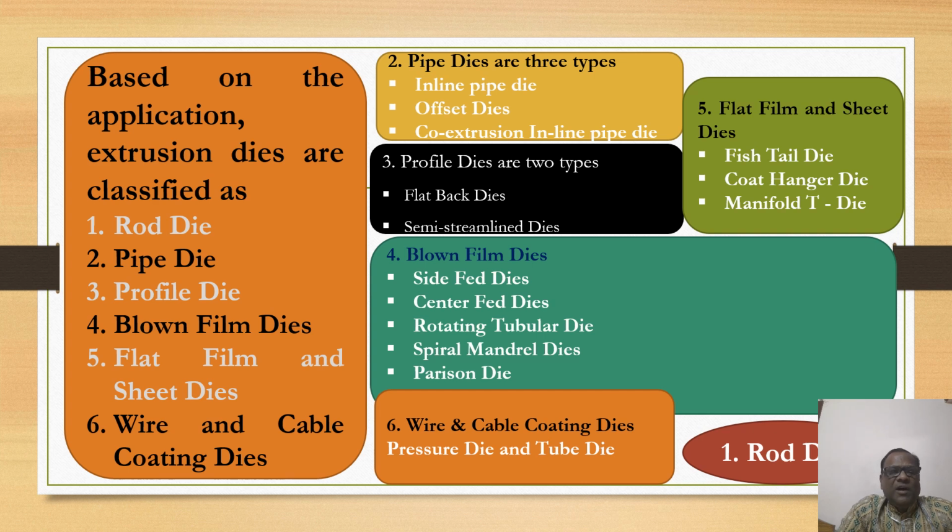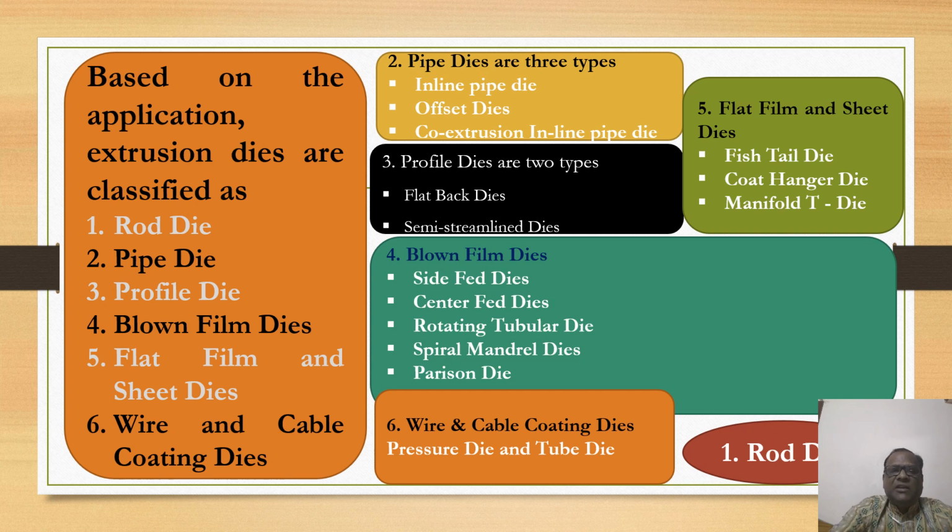Next we'll go for the fourth one, which is blown film dies. These make the big size plastic covers that many industries and shops use. Those types of plastic covers are manufactured by the blown film extrusion process, and blown film dies are again five types.